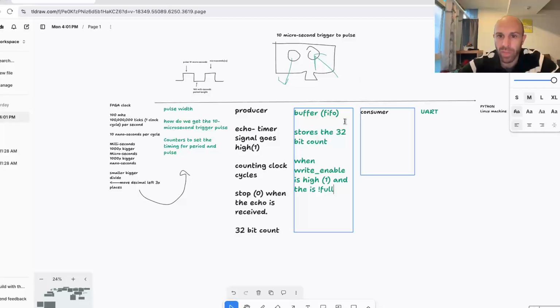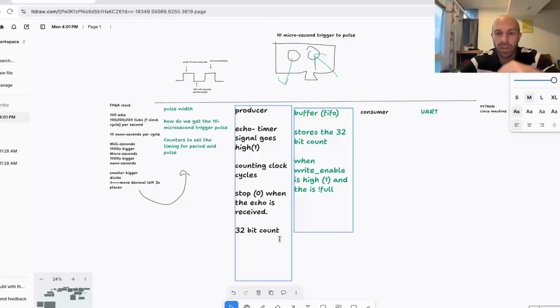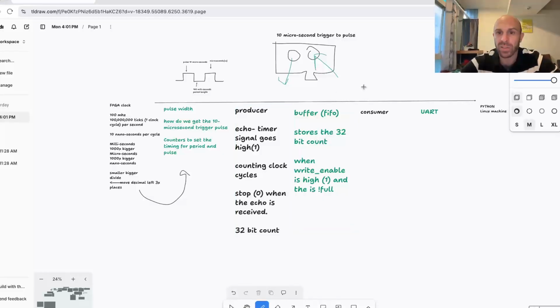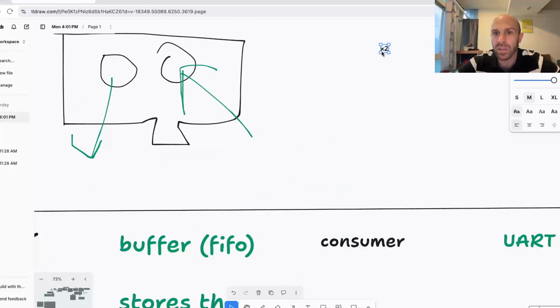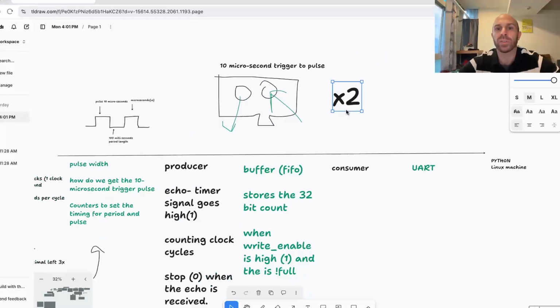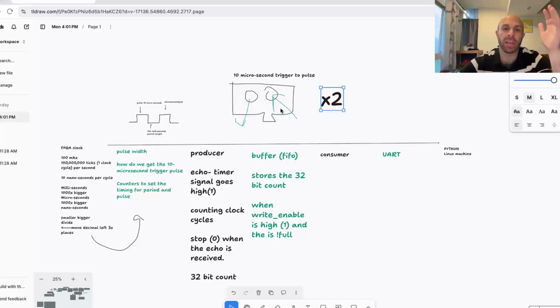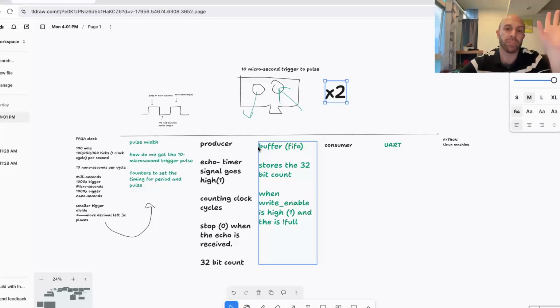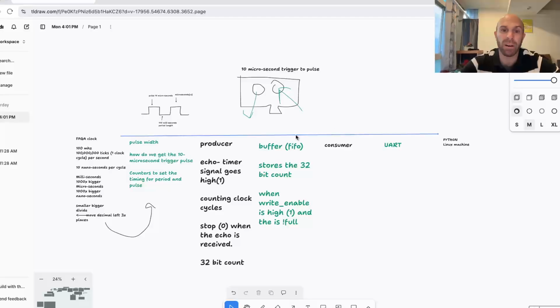Now, the reason why you need a buffer too is because if I add another sensor here, so now we have two sensors, that means you have multiple pulses coming in. And again, if they arrive at the same time, then the data becomes corrupt. So that's why we need a buffer to store that.